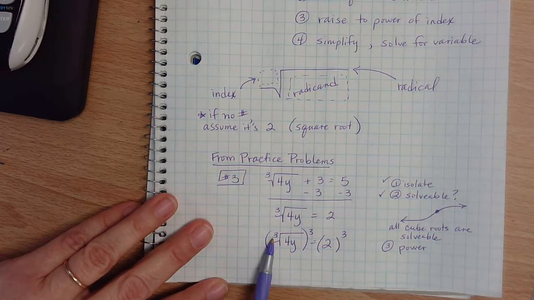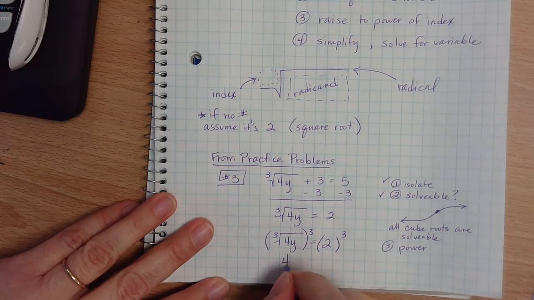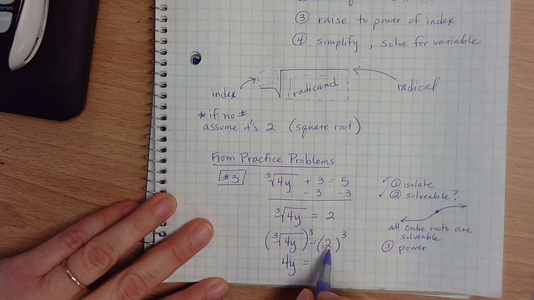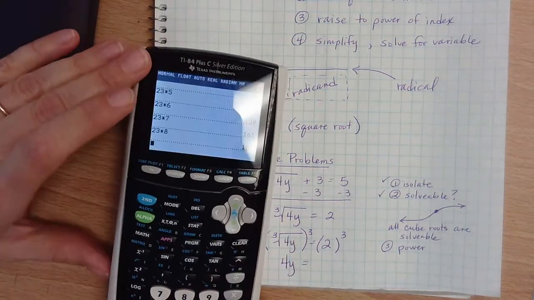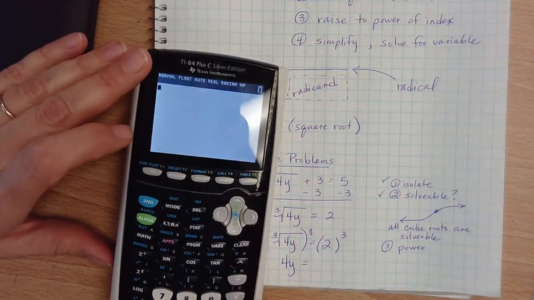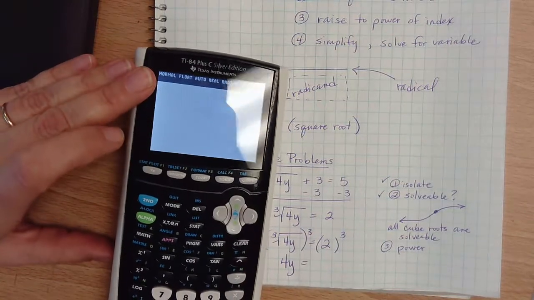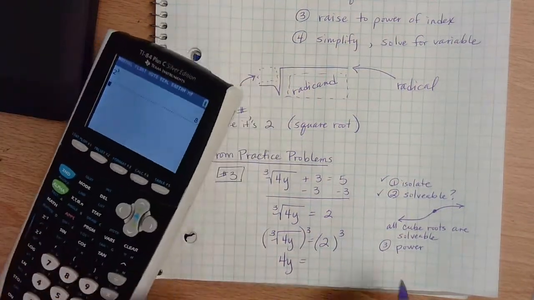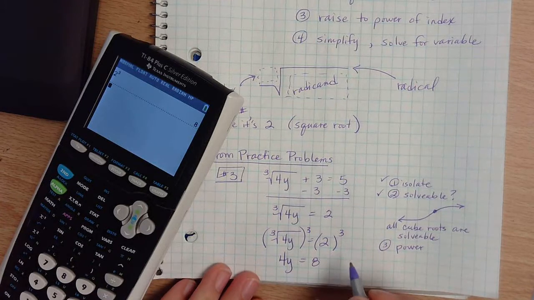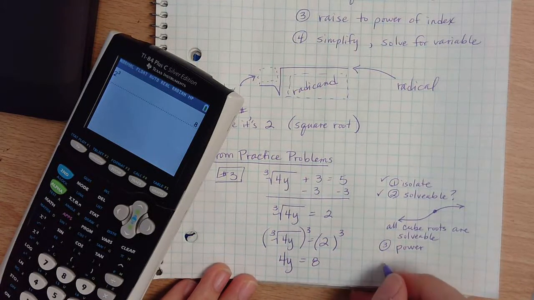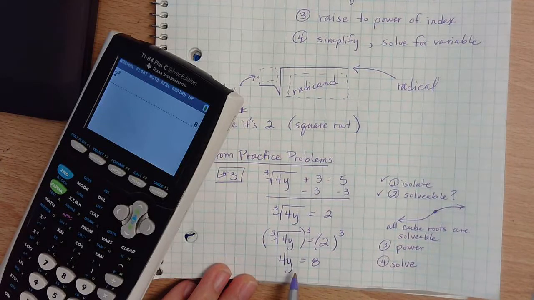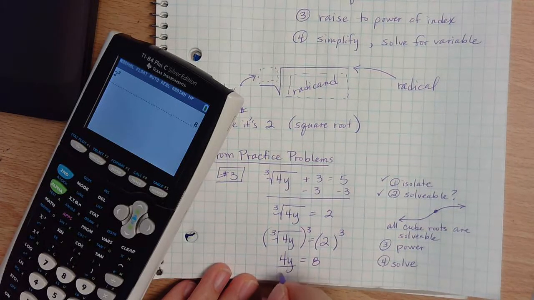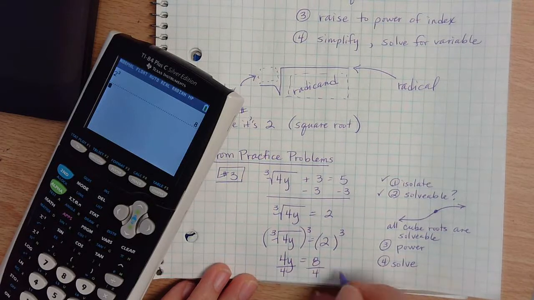When I do that, these cancel, and I just get the radicand. 4y equals 2 to the third, which is 2 times 2 times 2. 2 to the third is 8. And then I solve for the variable. So I will divide by 4. y equals 2.